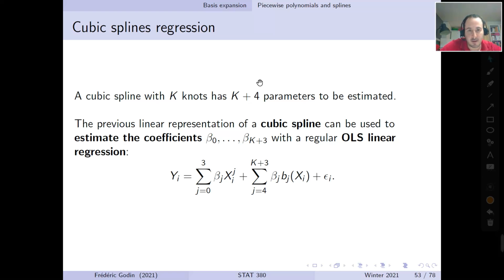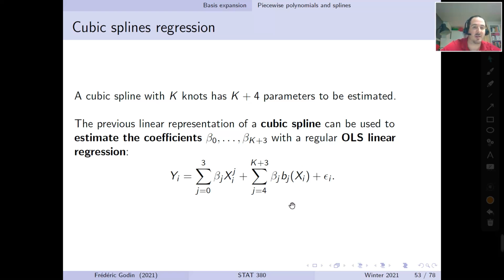As we mentioned, this shape of the cubic spline works very well as a linear model. So you can use the following linear regression to estimate parameters of the cubic spline. Here the response for the ith observation is the sum of beta_j x_i to the power j, which is simple to compute, plus all the b_j's we defined earlier.